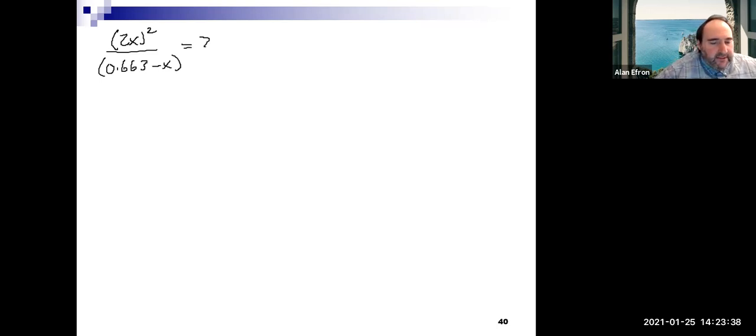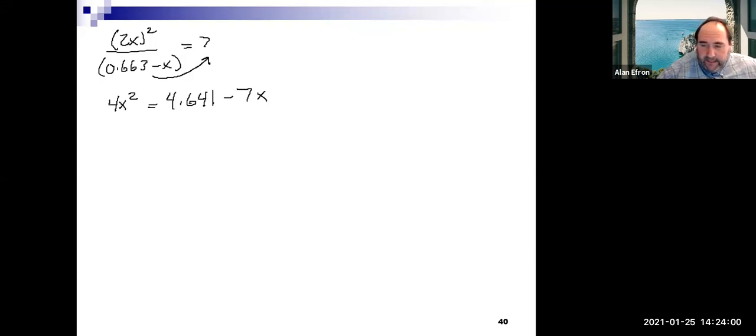We're basically going to multiply the bottom to the other side, and if we do that and square the top, we get 4x squared is equal to 4.641 minus 7x.